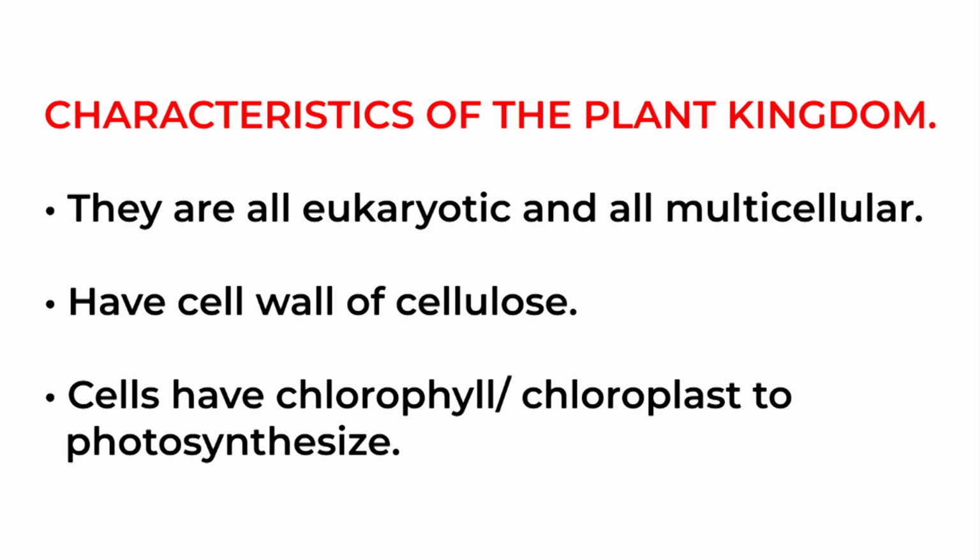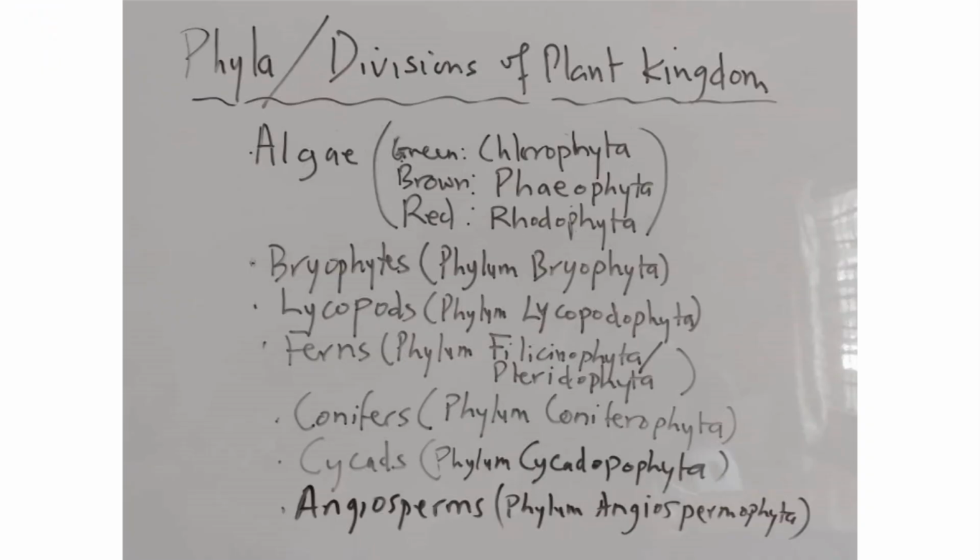Let's look at how plants are classified. The phyla or divisions of the plant kingdom: we have algae. Green algae is Chlorophyta, brown is Phylum Phaeophyta, red is Phylum Rhodophyta.